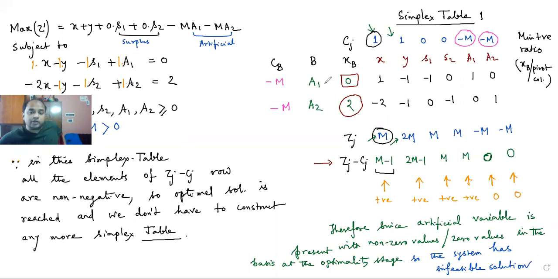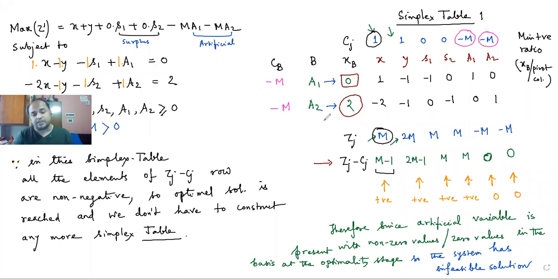Since we are not able to remove them from the basis, we want to do the process in such a way. We expect the thing to work in the following manner, that the simplex process is going on, and at the optimality stage, we're going to have something in the basis other than the artificial variable.